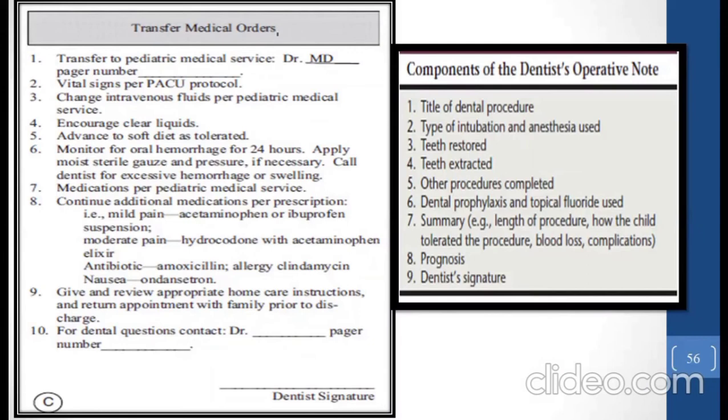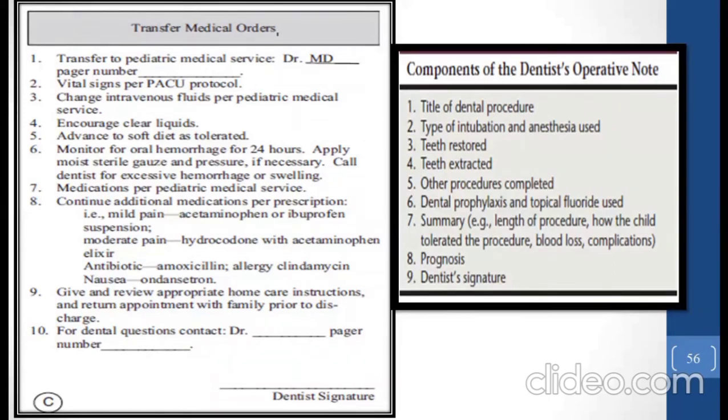Medication for the pediatric medical services, and continue additional medication per prescription. For example, if mild pain is there, acetaminophen or ibuprofen suspension. If moderate pain is there, then hydrocodone with acetaminophen, and antibiotics such as amoxicillin or clindamycin are used. And if there is nausea, then ondansetron.